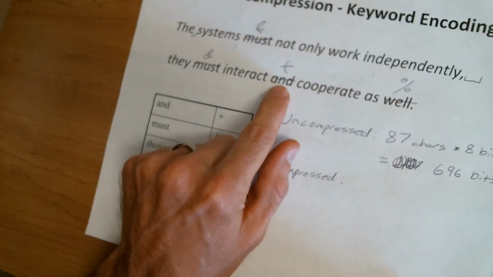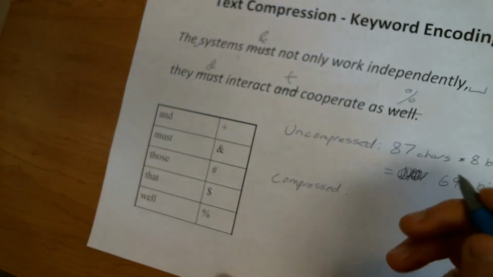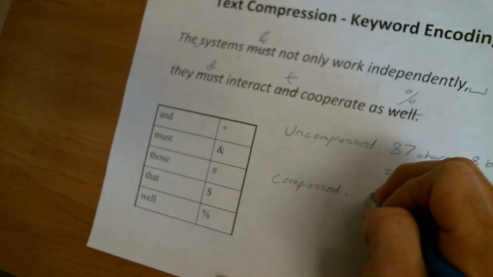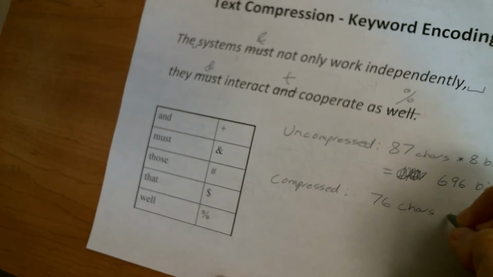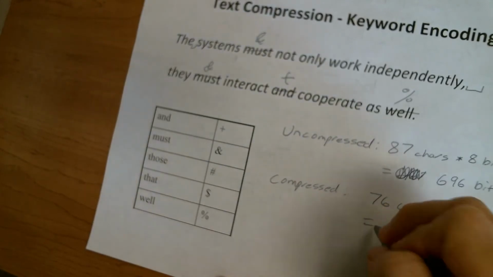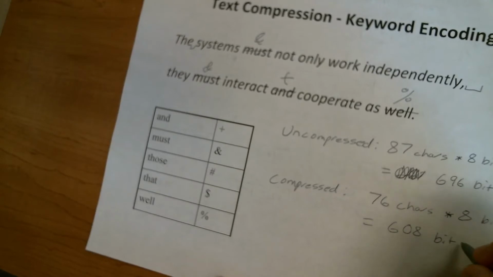And then here I only saved 2 characters because it was a shorter word. So that's 11 characters I've saved so far. So if I've saved 11 characters, that means I went from 87 characters to 76 characters. They still require 8 bits for a total of 608 bits.